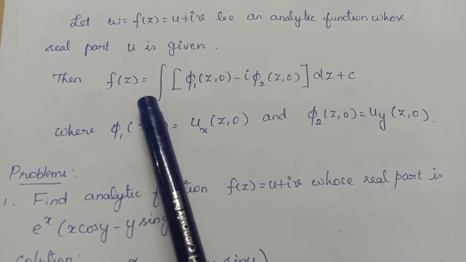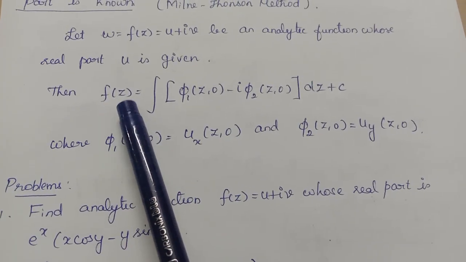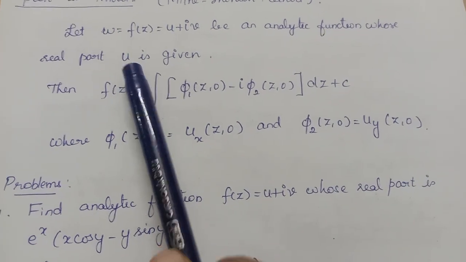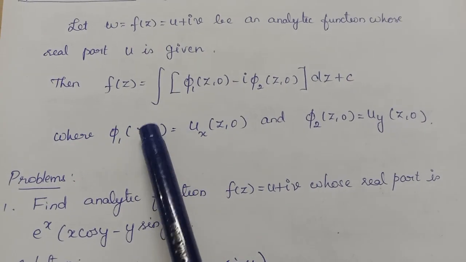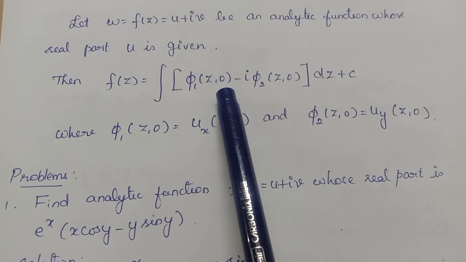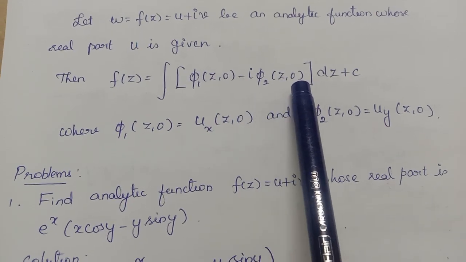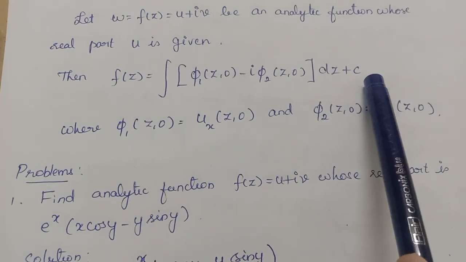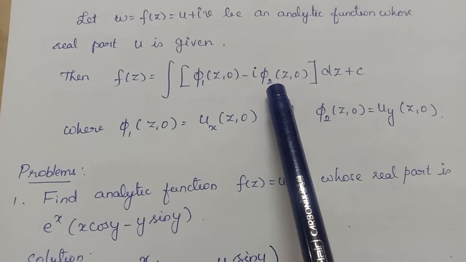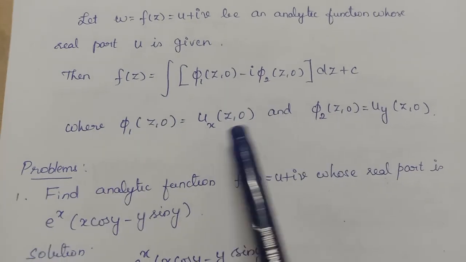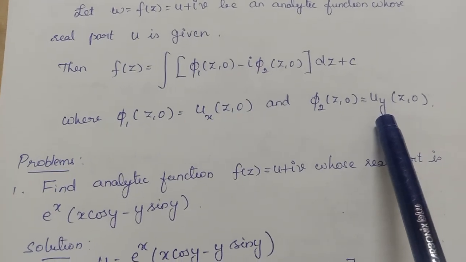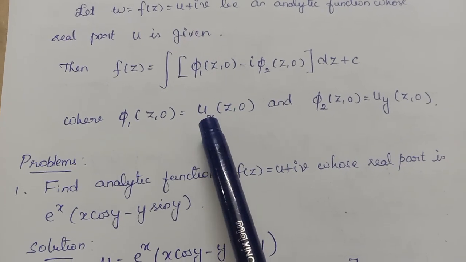See, there is a formula for finding the analytic function f of z. If u is given, the real part is given, then f of z equal to integral of phi 1 of z comma 0 minus i into phi 2 of z comma 0 into dz plus c. What is this phi 1 and phi 2? Phi 1 is ux and phi 2 is uy, the first order derivatives.